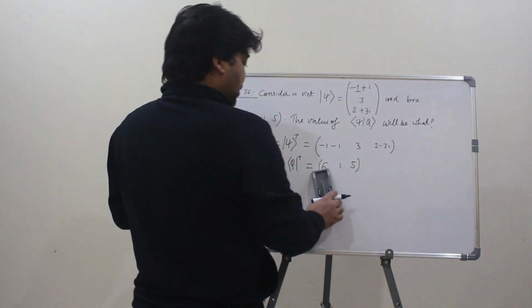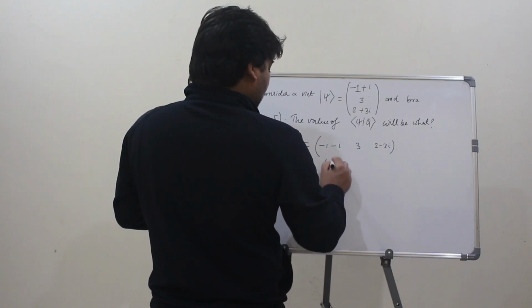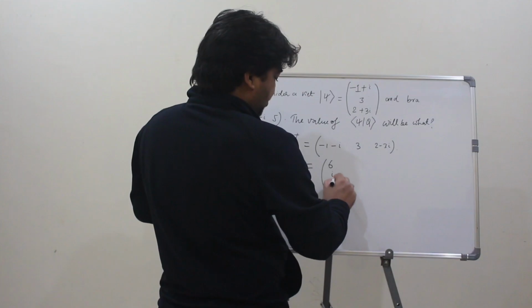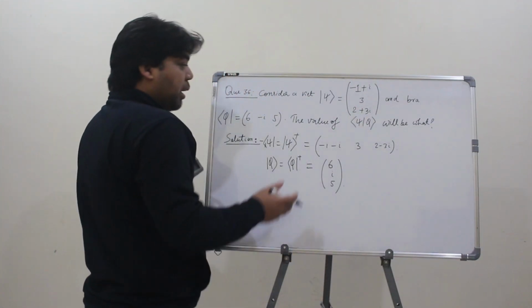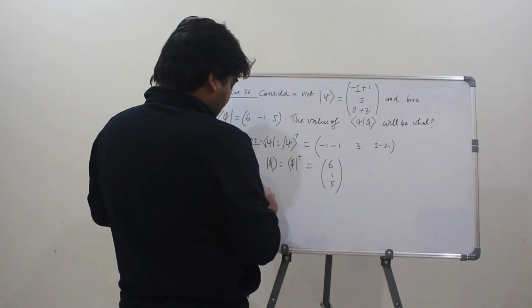So this is a column. This goes as 6 minus i goes to 6 plus i, and this goes to 5. Now let us take the multiplication of psi and phi.